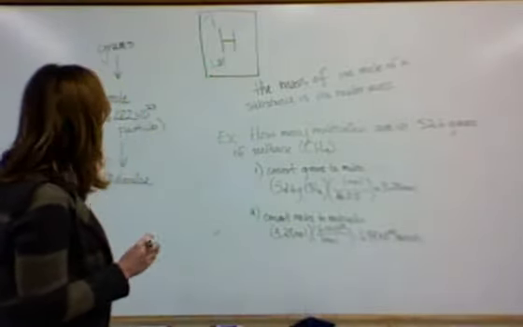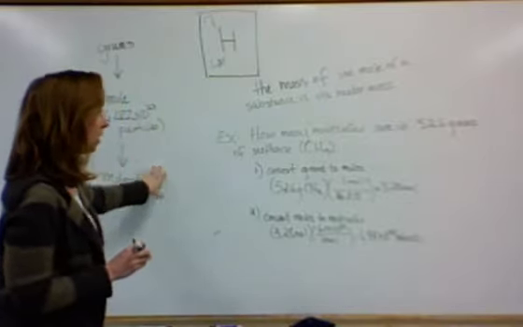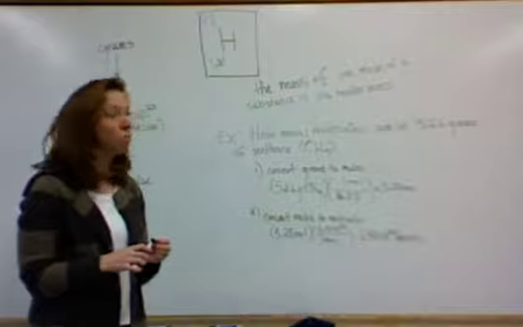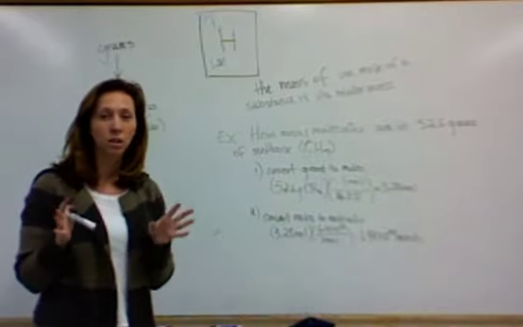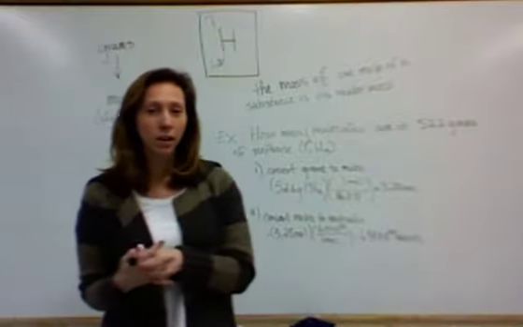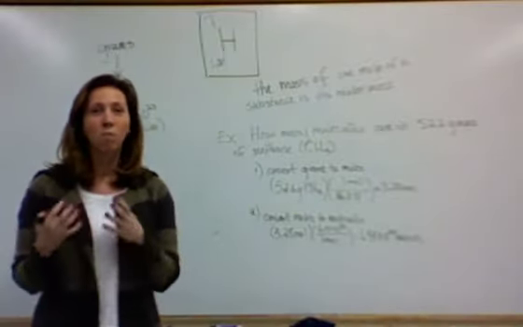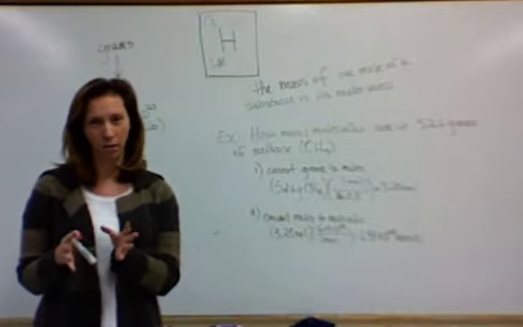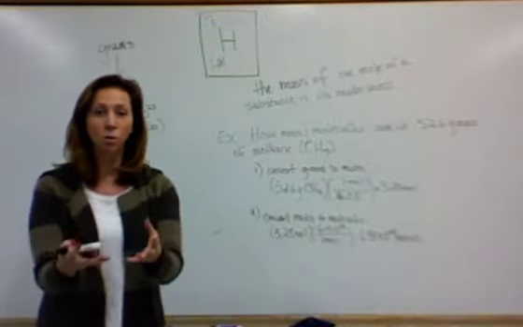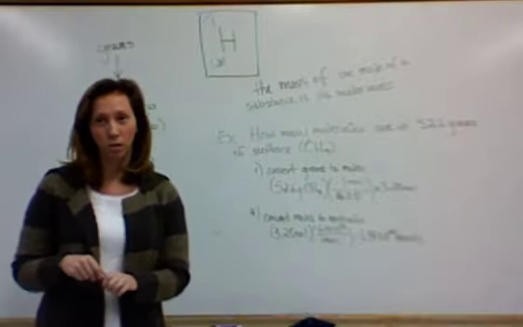In order to go from grams to moles to molecules, you need to remember that the mass of 1 mole of any substance is equal to its molar mass on the periodic table. If you have 1 mole of carbon atoms and you were to mass them on a balance or a scale, they would weigh 12.01 grams.